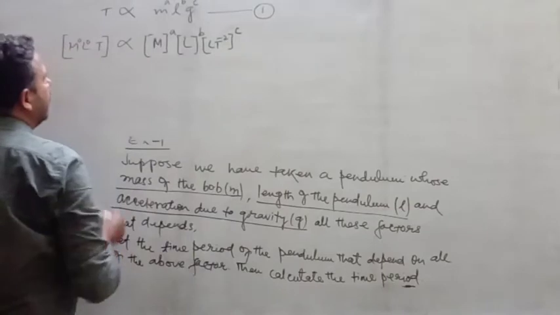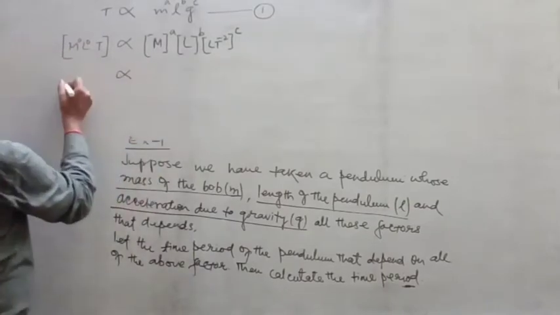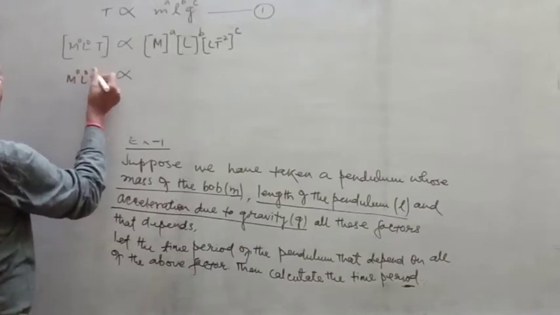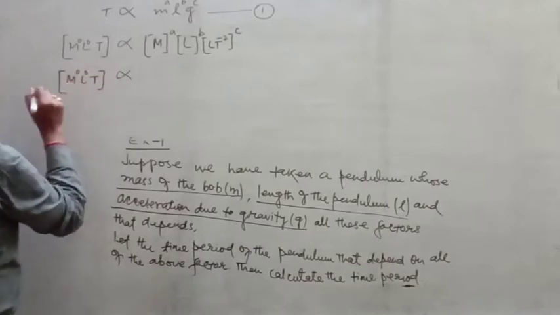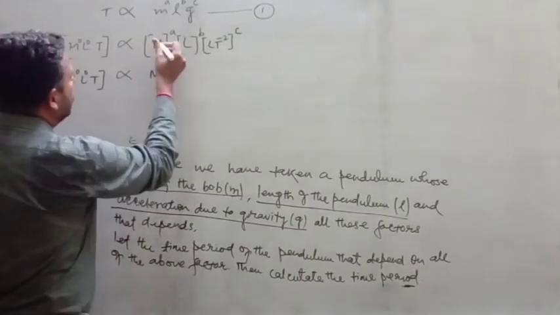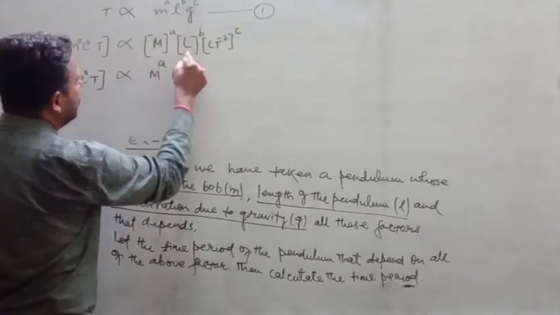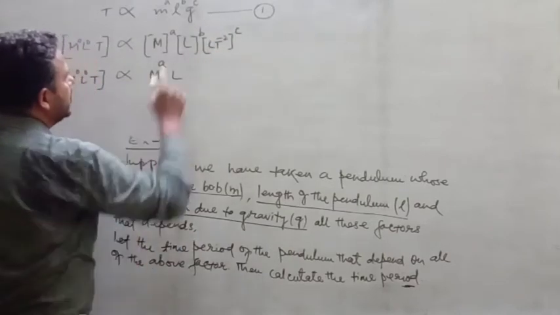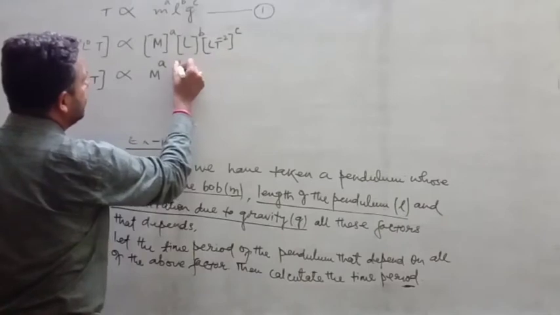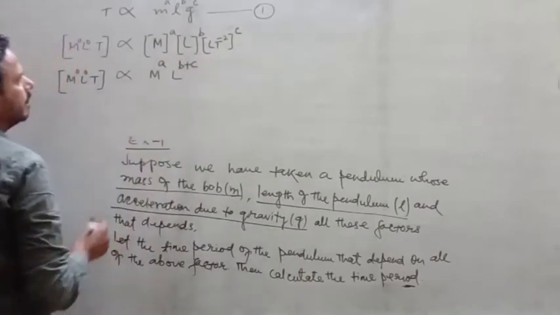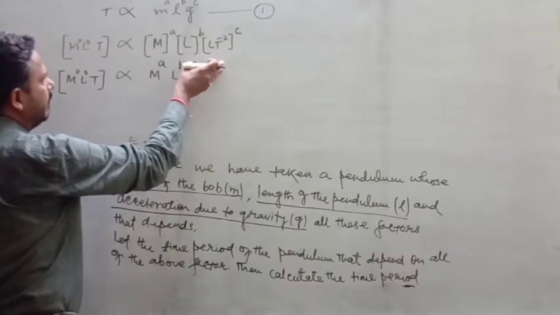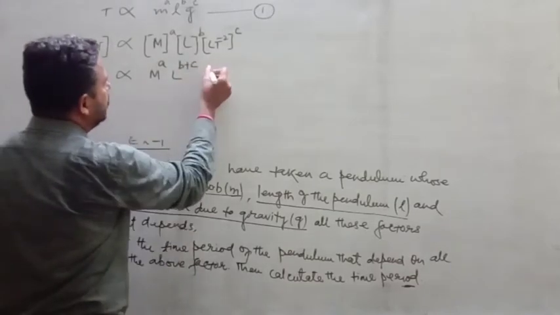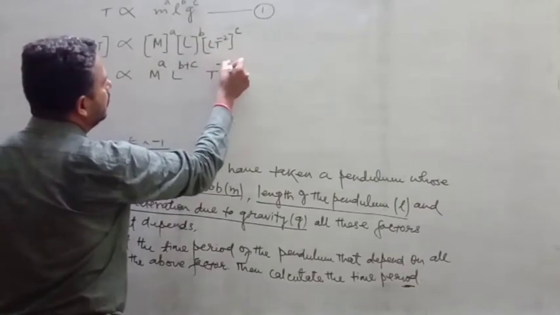Now M0 L0 T1 is equal to M to the power a, L to the power b, and L to the power c, that is L with b plus c, and T to the power minus 2c only.